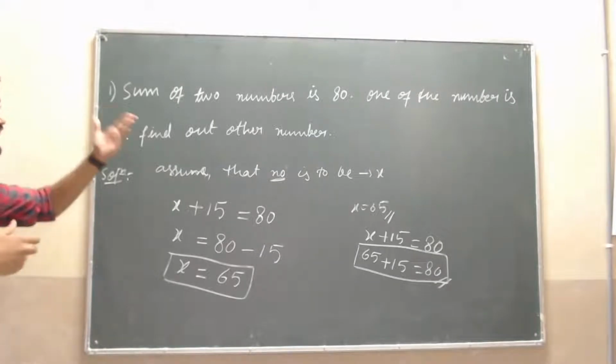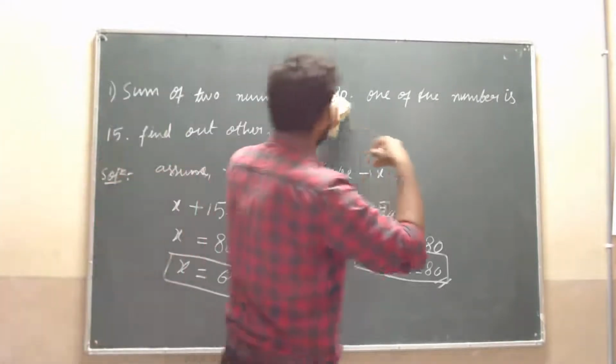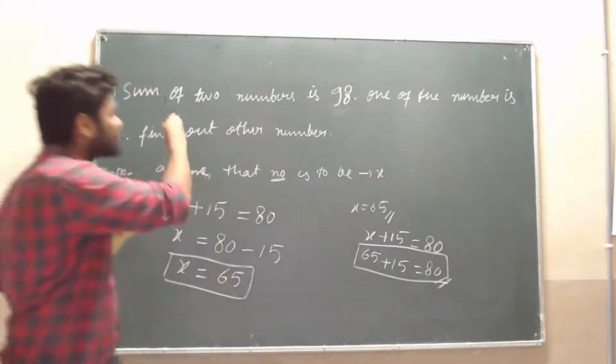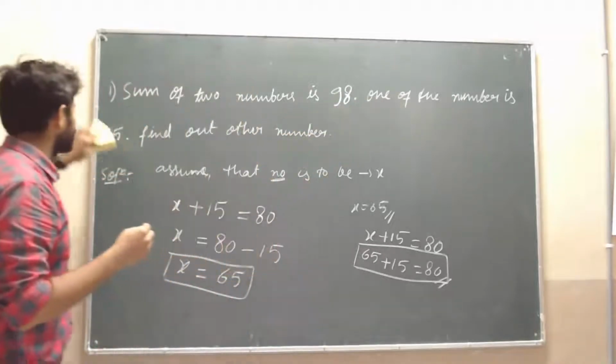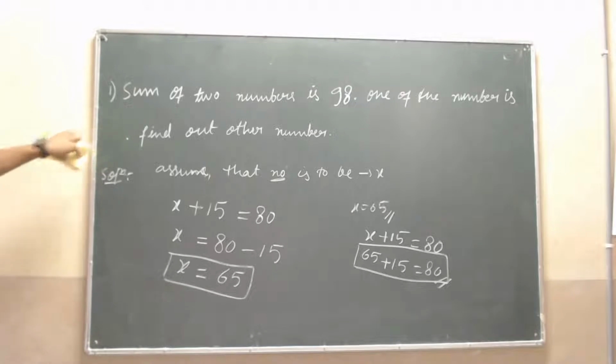Okay. Let's move to the next problem. I will simply make a correction here. The sum of two numbers is 98. One of the numbers I will give here is 54.